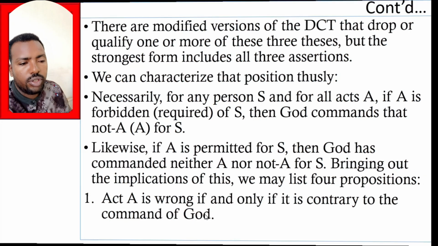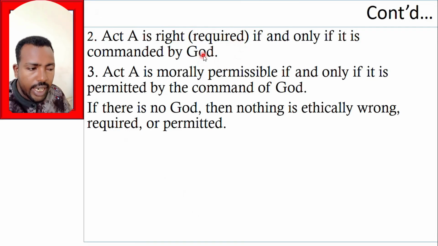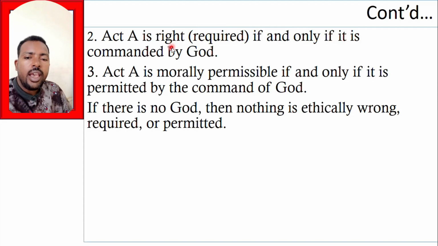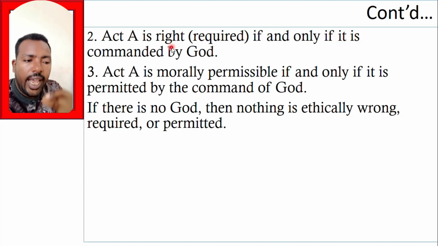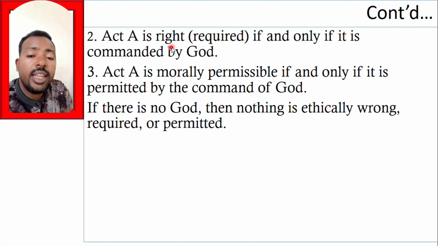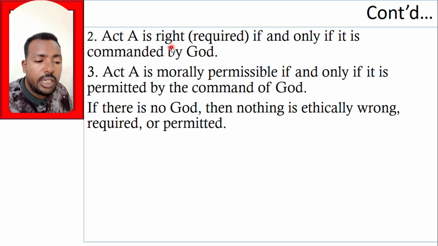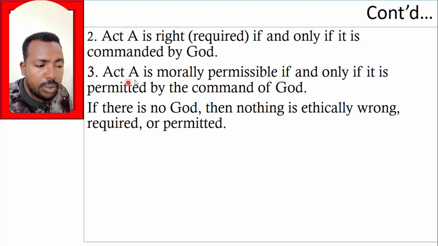The second proposition: Act A is right or required if and only if it is commanded by God. If you need a person S to do A and that is willed by God, then that action is right. Proposition number three: Act A is morally permissible if and only if it is permitted by the command of God.